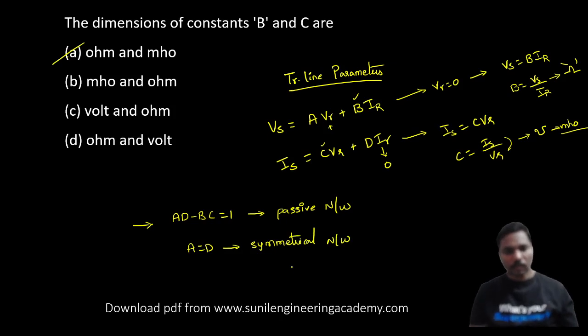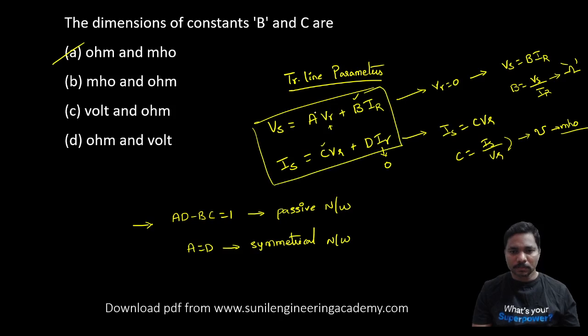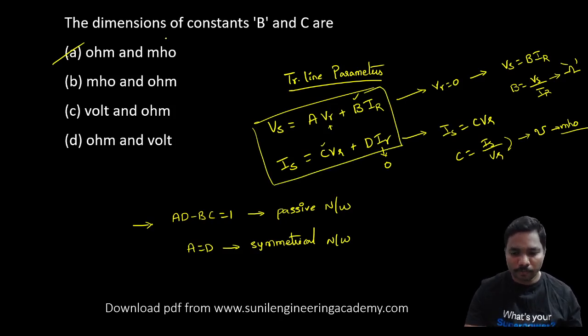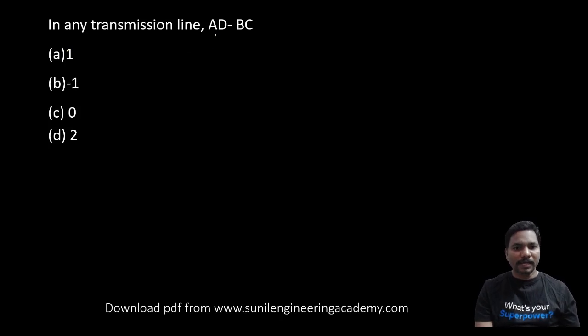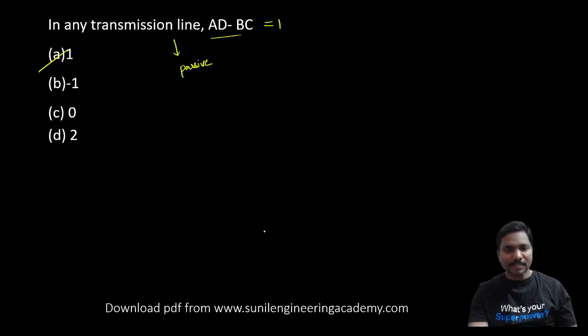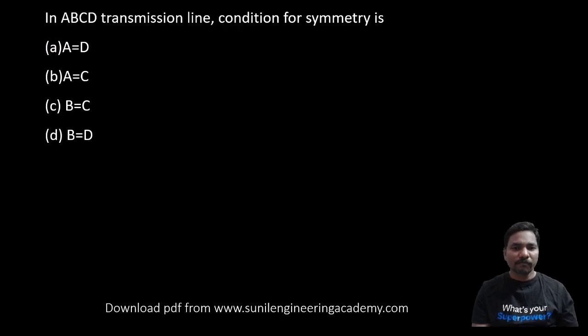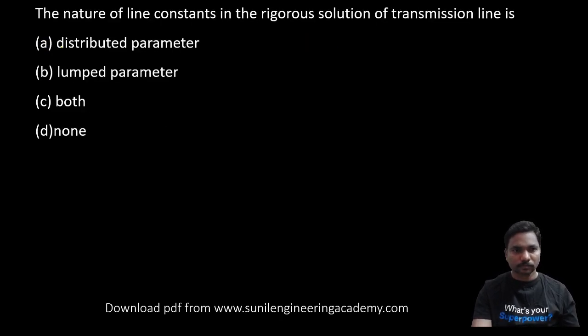Okay, so all of you know the transmission line parameters. So ohm and mho. Here AD minus BC is equal to, generally you can take 1. Why? Because it is considered as always a passive network. Condition for symmetry, I have already given, A is equal to D. So the answer is option A.